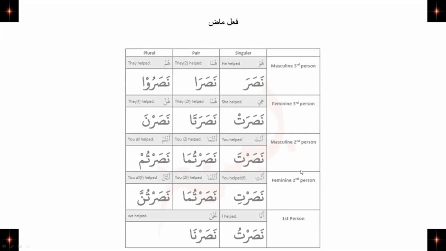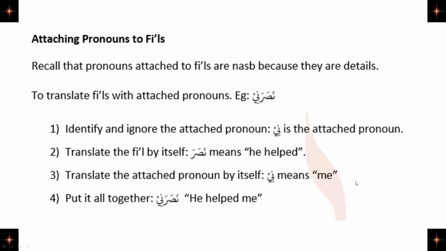In English, you say you for second person singular masculine, you for second person feminine singular, you for second person pair, both masculine and feminine, and you for all the plural masculine and feminine, but still we are able to differentiate depending on the context, right? So it's about context there. Okay, I hope that is clear, Alpha. Hope I've answered your question. Okay, so now let's look at some details here.